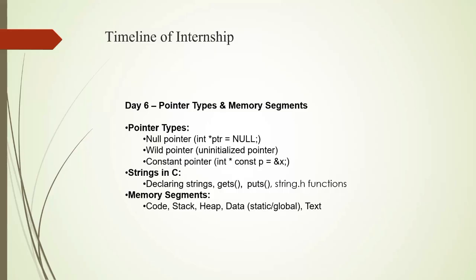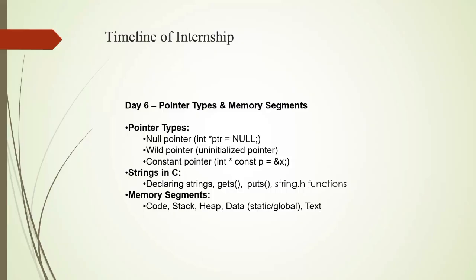On day 6, we learned about pointer types and memory segments. There are various types of pointers like null pointer, wild pointer, constant pointer. Those pointers have their own specific tasks.